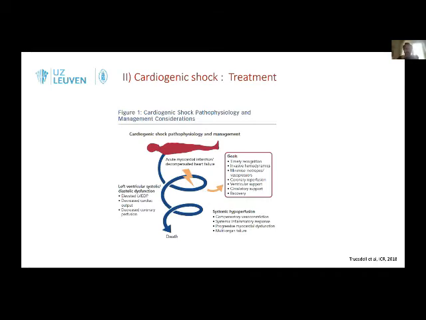And the main goal of treating those patients is to pick them up as quickly as possible in this negative spiral. Because if you start your treatment at this stage, however fancy it might be, you probably won't end up with a good success, but the success will be much higher if you start your treatment at this stage of the cardiogenic shock spiral.